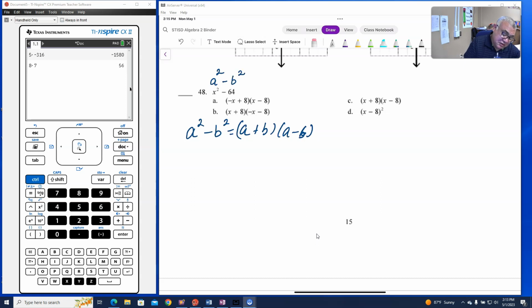In this case, a is x, and b is not 64, it's 8. Because 8 to the second power is 64. So it's a plus 8, in this case, x plus 8, x minus 8. So your answer is C.